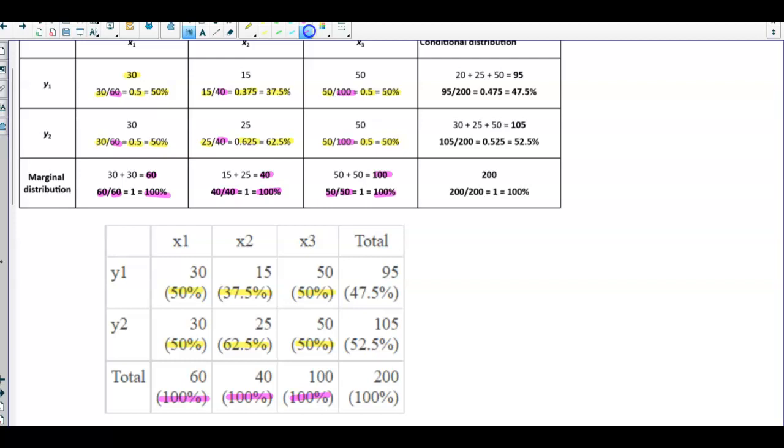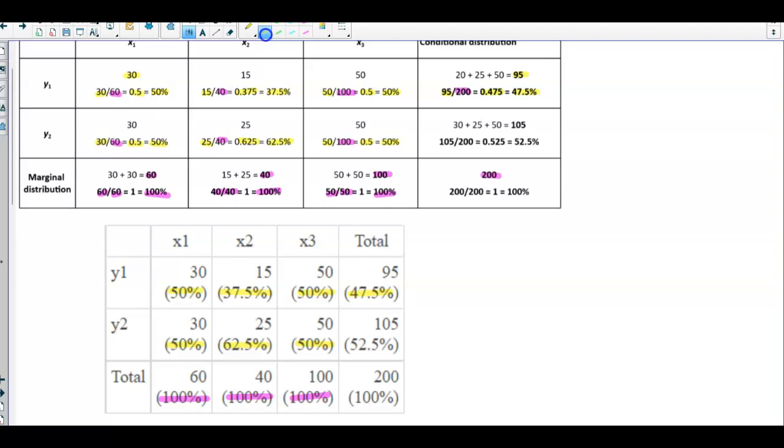Okay, and then the last part, let's take a look at that. We have the row total, which is 95. We're going to divide it by the column total, which is 200. And 95 divided by 200 gives us 0.475, which gives us 47.5%.